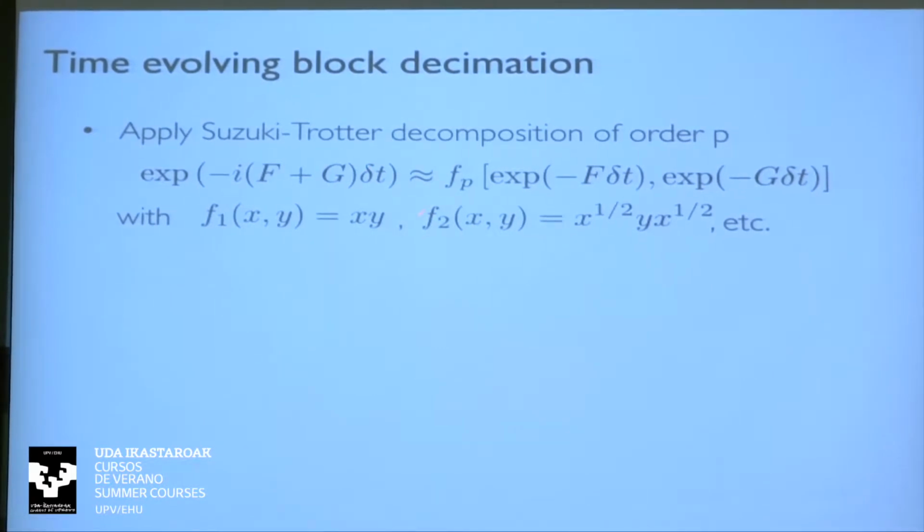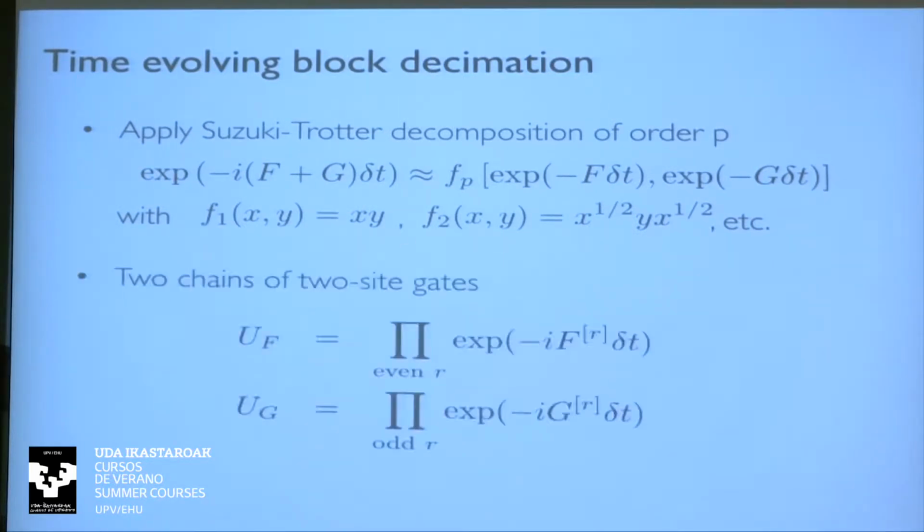So we just assume that we make a time evolution by a small step delta t, and we can perform this with some error that is delta t squared per step here and delta t cubed per step here.